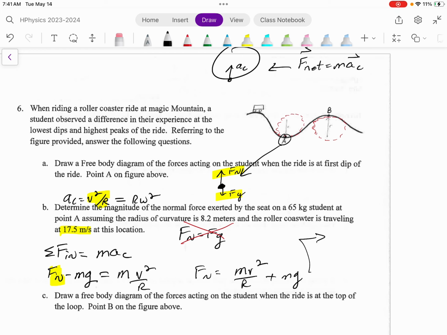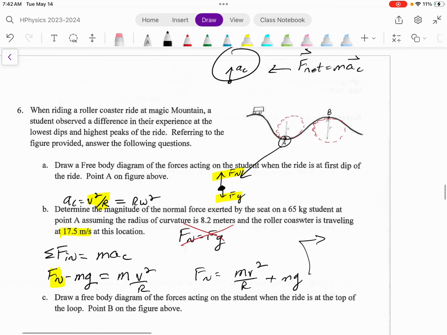So if I plug all those in, I think in my problem, what did I use? 9.8. On your exam, you can use 10. I used 9.8. So, what did I do wrong? Oh, okay, sorry. I got lost on my work. Okay, so force normal is equal to, it will be, the mass of the student is 65 kilograms times the velocity is 17.5 meters per second.